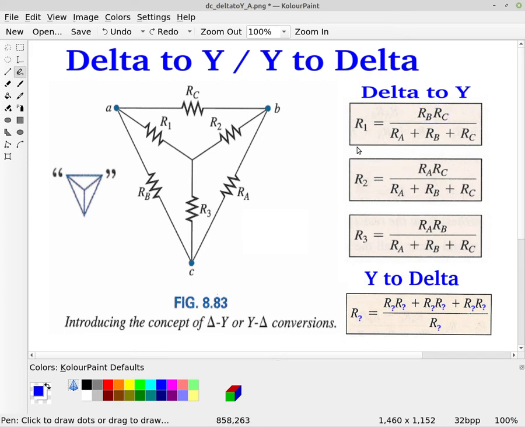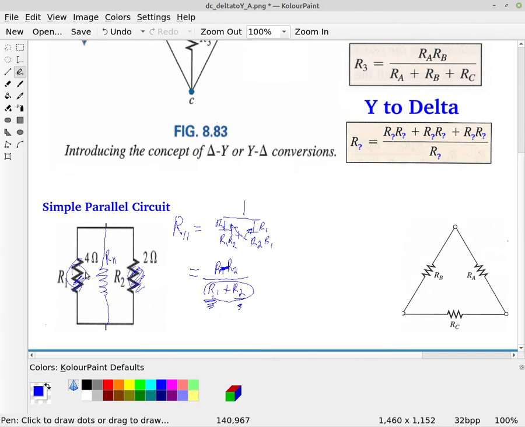And that's actually really, really easy too. Notice here at R1, you're multiplying the two resistors right beside it. It's almost like what we were doing down here, where we had this resistor and this resistor, and we replace them with a single one, so we multiply R1 times R2.